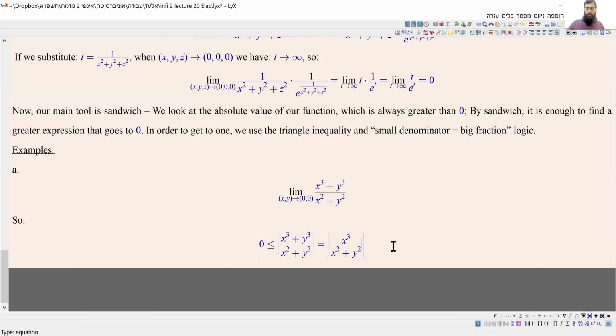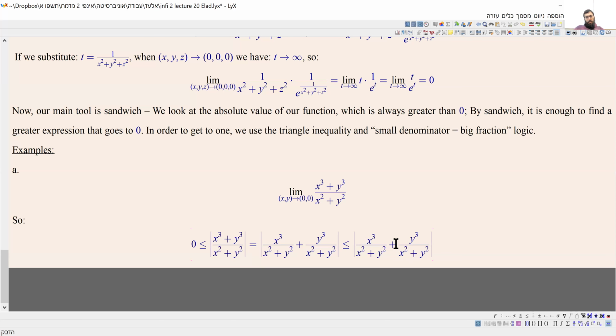algebraic fun. First of all, we have a summation. In the numerator, we can write it as different fractions. Now, we know it is smaller than.